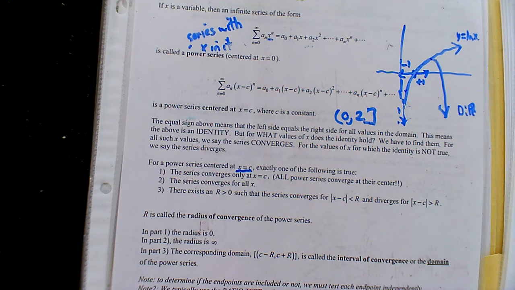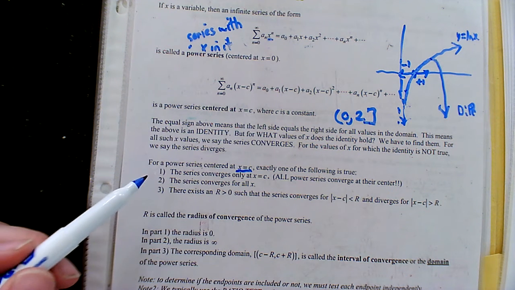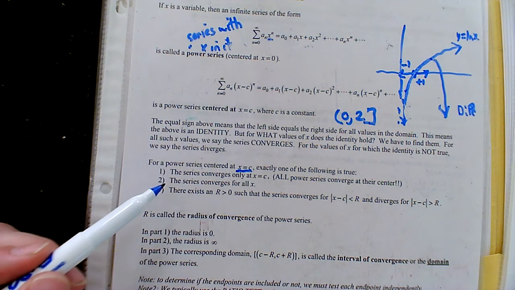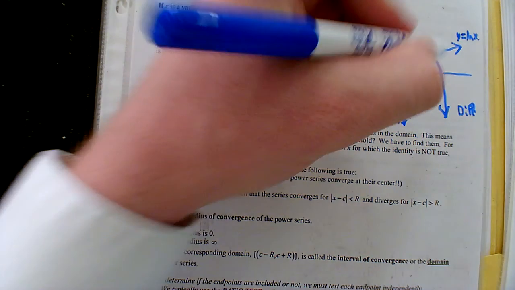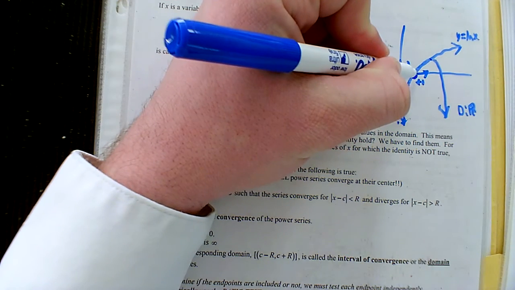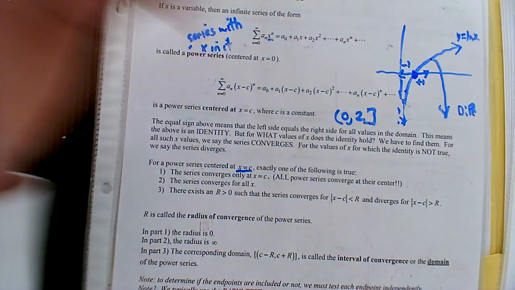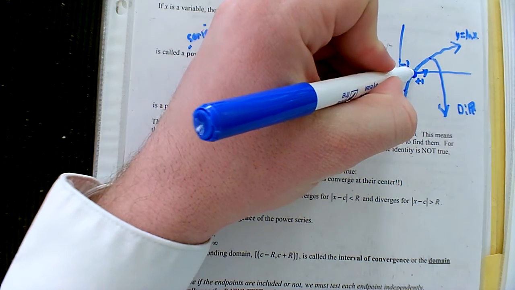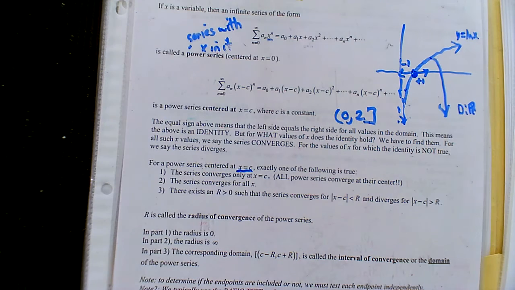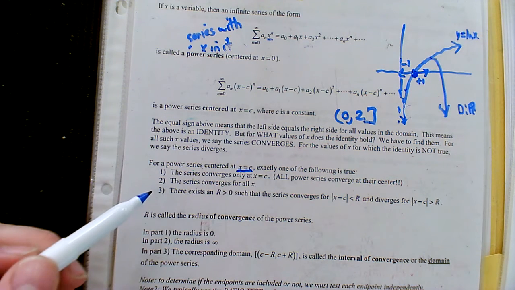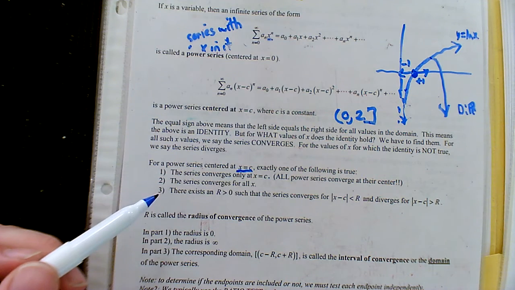We'll see multiple examples. So number 1, the series converges only at x equals c. So we're saying right here would be the center of your ln of x example that I just gave, and this other function, this quadratic. At that point, it converges. We know that they're starting at the same spot, so they have to be exactly the same. Number 2, the series converges for all x's.